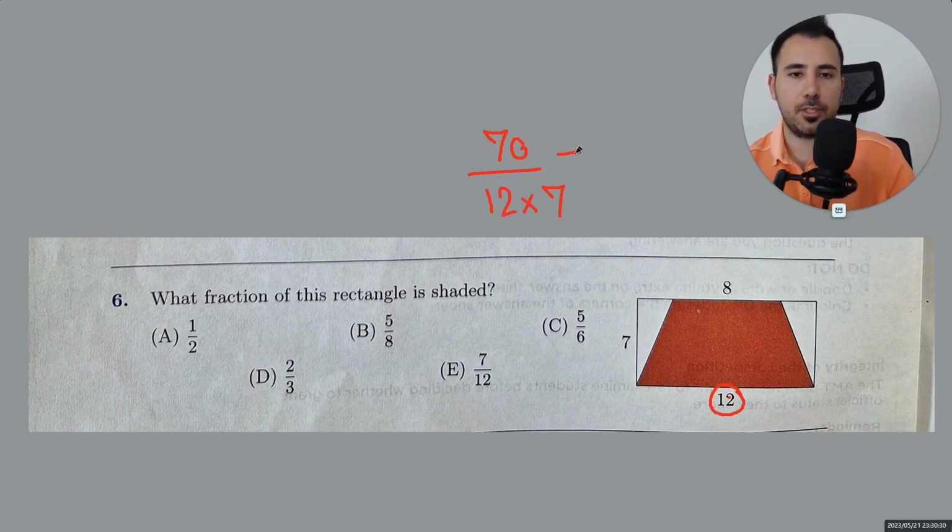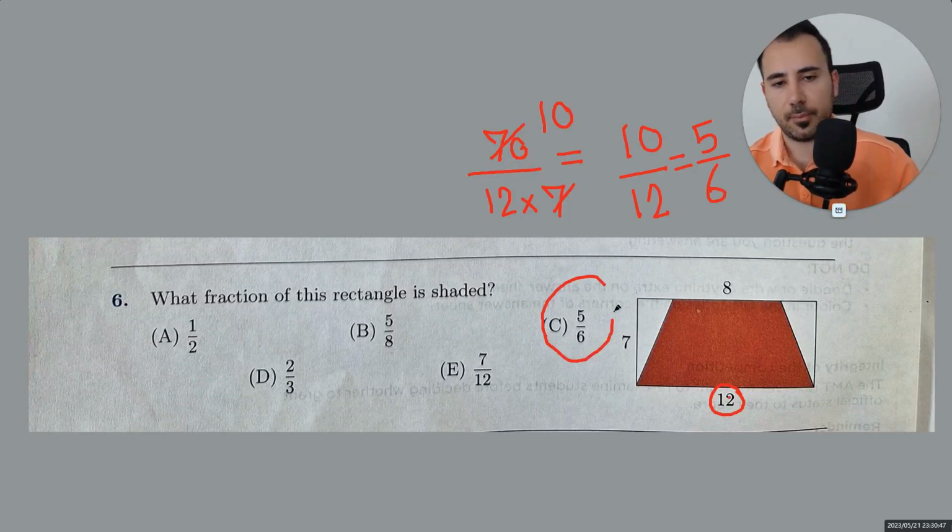So now the 7s cancel, and it becomes 10 over 12. So the answer is 10 over 12. Dividing both of them by 2, 5 over 6. That's the answer.